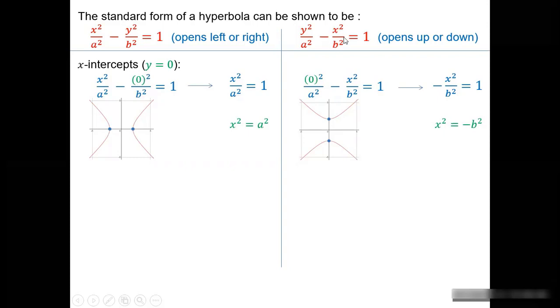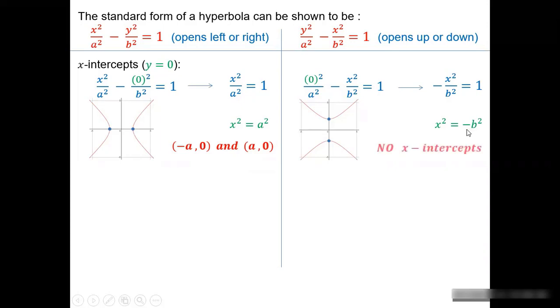But if the x squared term was the negative term, now notice when we cross multiply, we get that x squared is equal to negative b squared. When I take the square root over here, we get that negative a and positive a are going to be our x-intercepts because the square root of a squared is plus or minus a. That makes sense because notice that there are points on the x-axis, while over here, there are no points on the x-axis. So there shouldn't be any x-intercepts, and we can see why, because notice that x squared can never be negative.